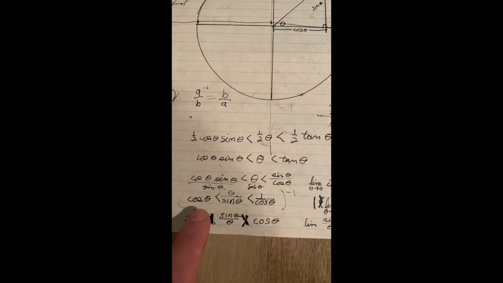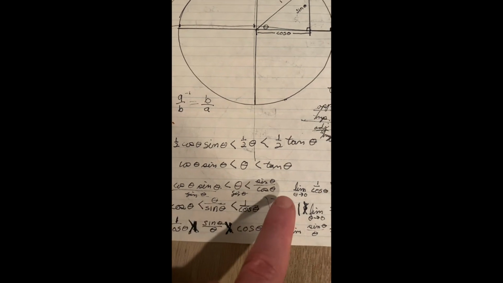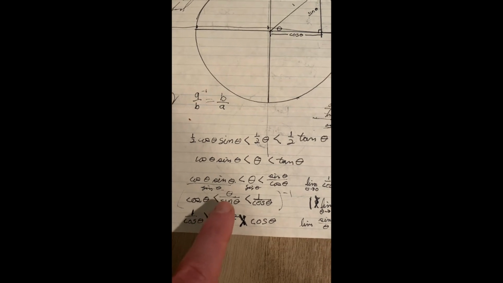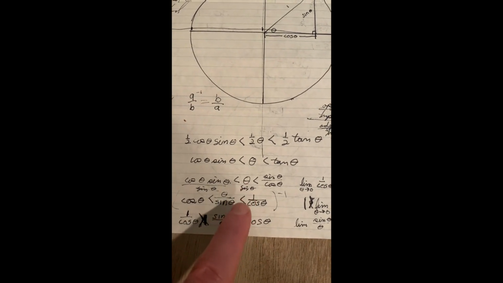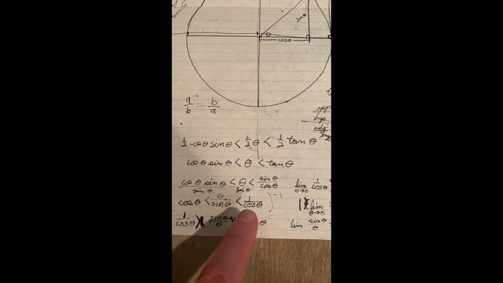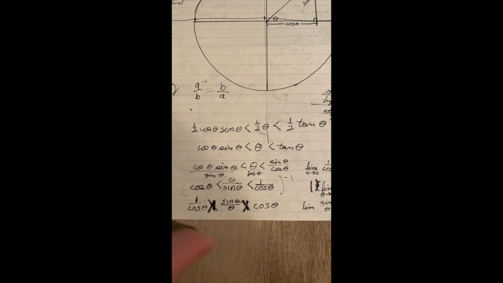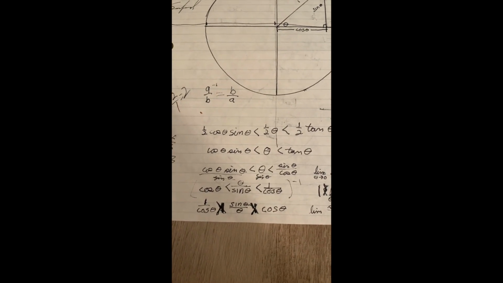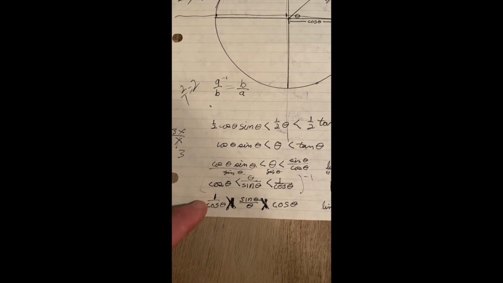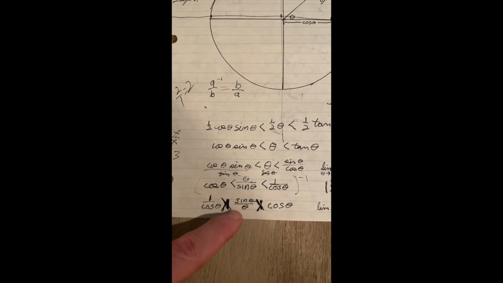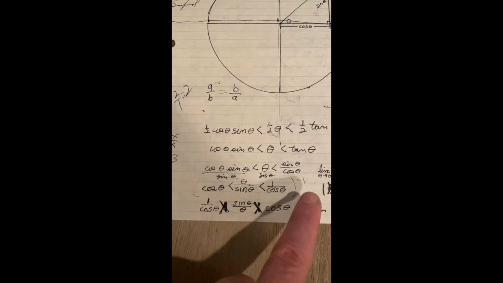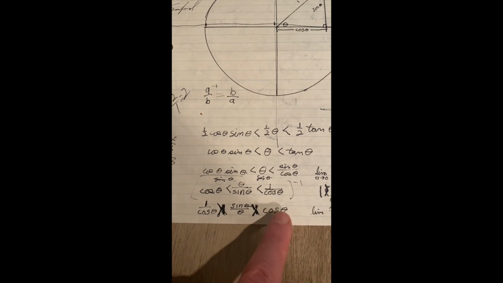So if we divide everything by sine, we get cosine theta is less than or equal to theta over sine of theta, which is less than or equal to 1 over cosine theta. Now we take the inverse of everything, essentially taking it all to the power of -1. So sine theta over theta is between cosine theta and 1 over cosine theta.